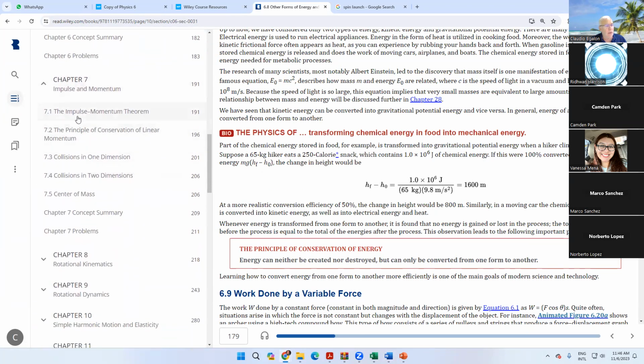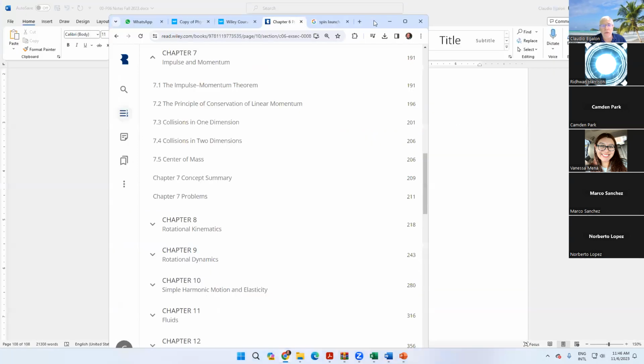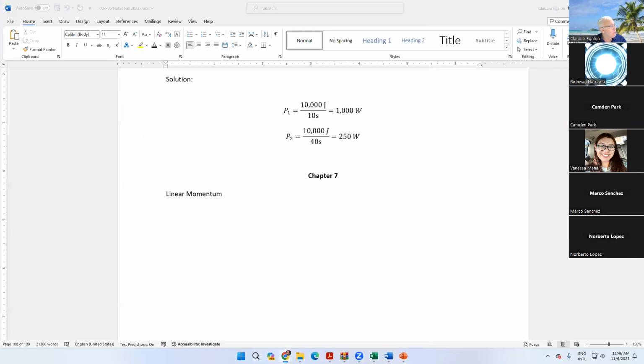Momentum. We are not going to do the impulse momentum theorem, okay? Let's take a look at the sections of this chapter, and then I'll tell you exactly what we're going to cover and what we're not going to cover. Here you go. 7.1 impulse. The impulse momentum theorem. Skip.